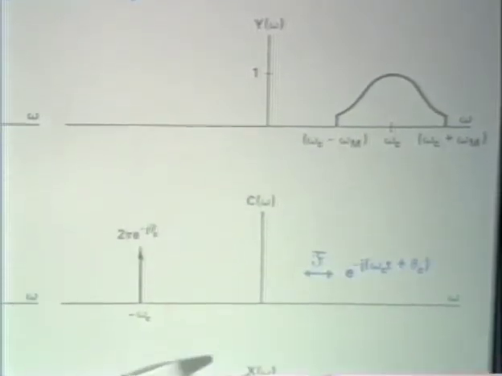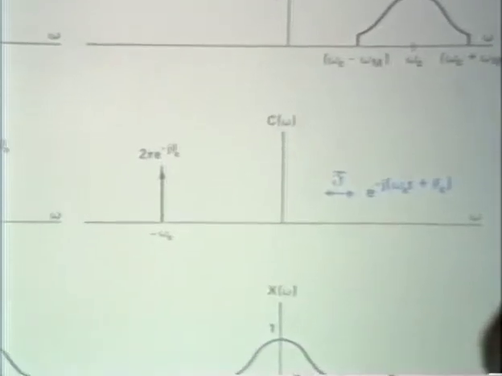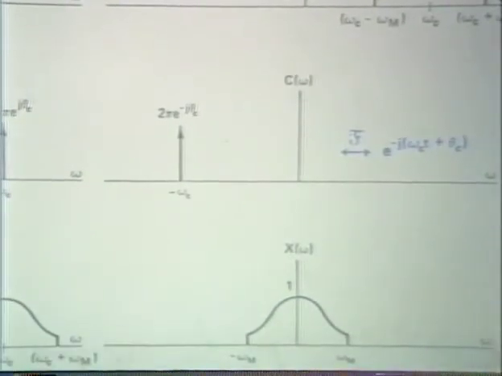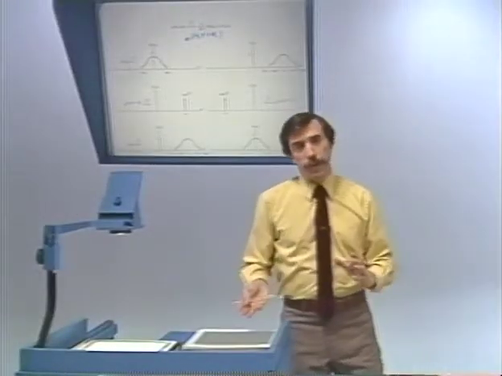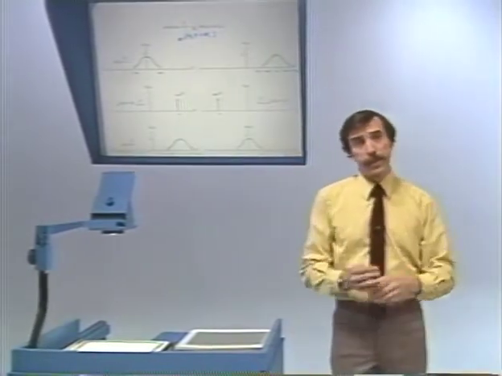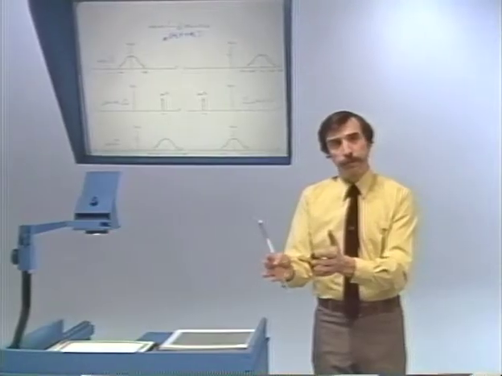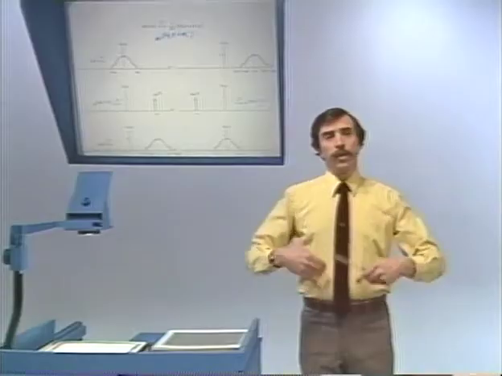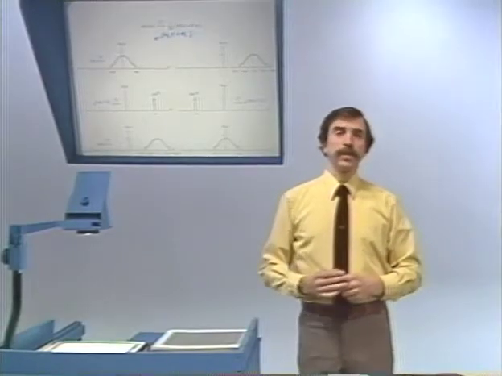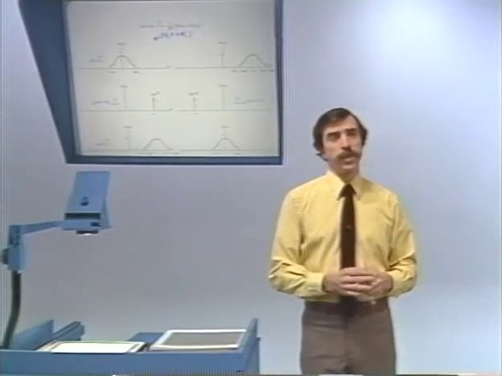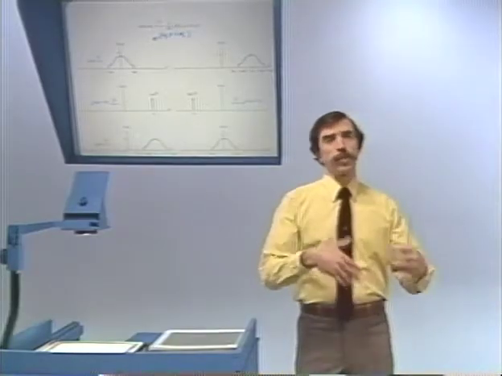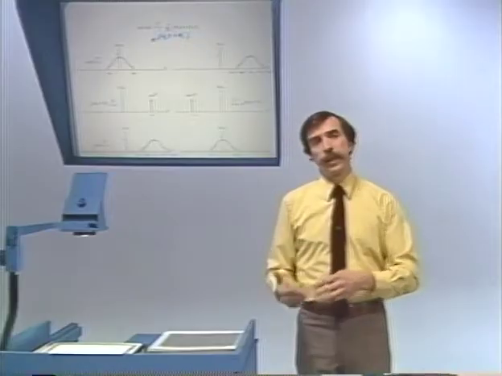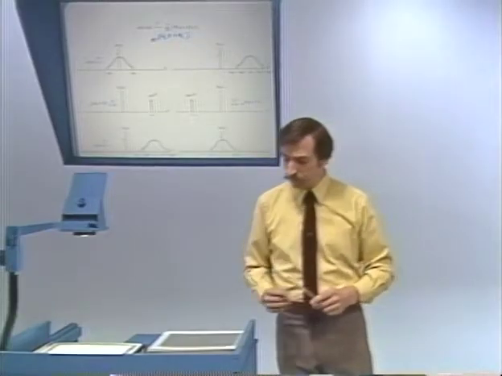So convolving these two together, the spectrum that we end up with is that. So we can track this through in the frequency domain. In the frequency domain, it says shift the spectrum up. When you want to demodulate, shift the spectrum back down. And alternatively, we can look at it algebraically in the time domain. And what it says is if you multiply by e to the plus j omega ct, then when you want to get back, multiply by e to the minus j omega ct.